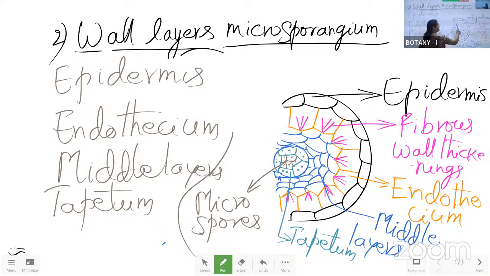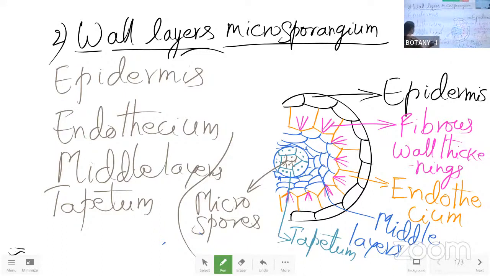In these cells, fibrous wall thickenings are there, which give extra support for the microspores present in the microsporangium. All the endothecial cells are hygroscopic in nature. When the atmosphere outside is dry, after attaining maturity, the endothecial cells will shrink and make the stomial cells split and release the microspores into the outside dry atmosphere.